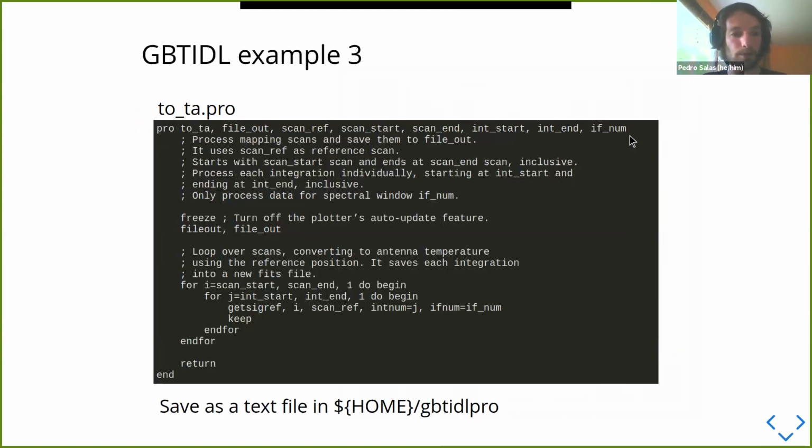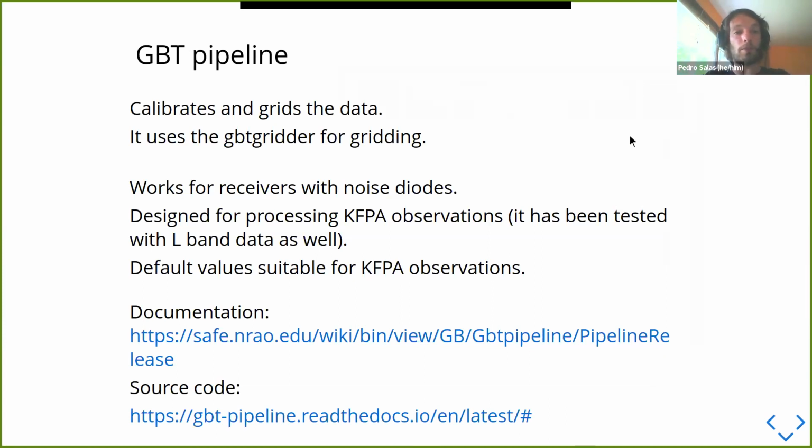Now, since that's going to take a while, I'm just going to jump into the GBT pipeline. If you're doing mapping observations, the data reduction can be a bit long if you're doing it by hand in GBTIDL.